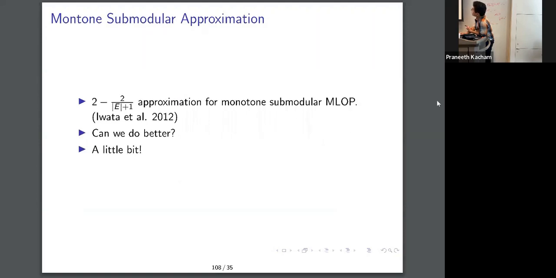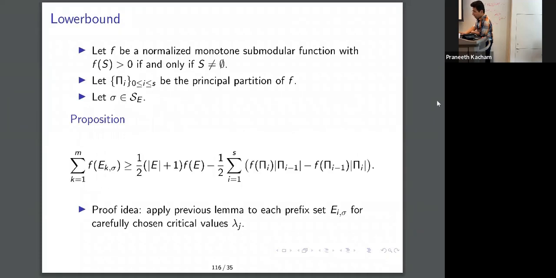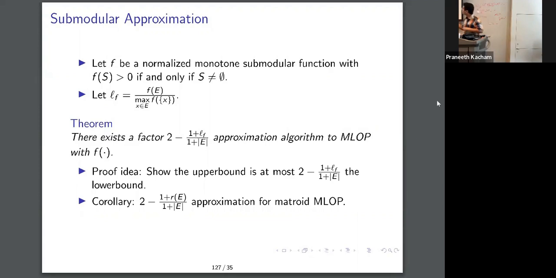But the previous best approximation was 2 minus 2 over the size of the matrix plus 1, and our approximation is going to be parameterized this way, where L is what we call the linearity of the cost function.